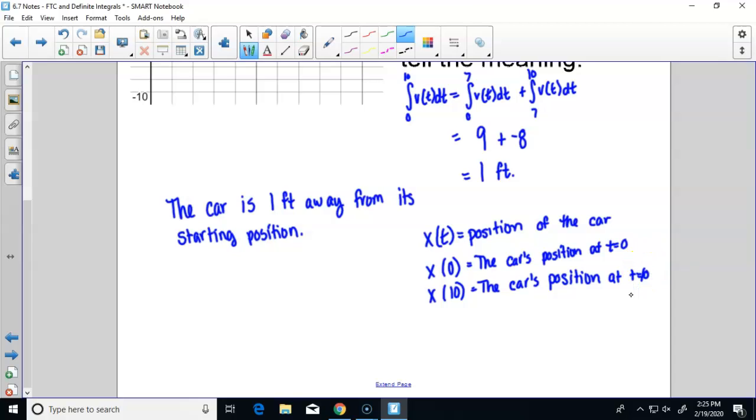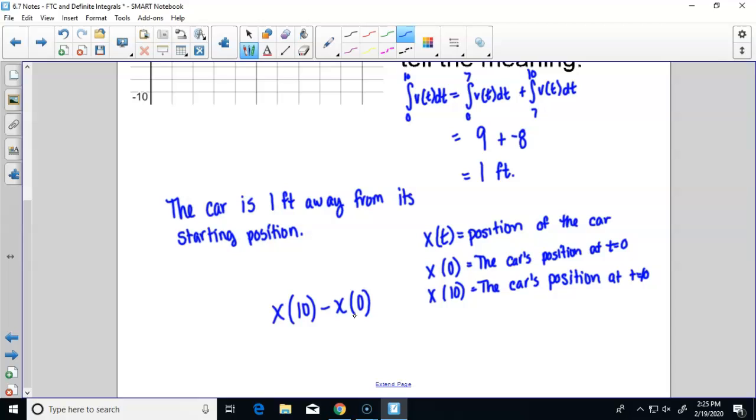So if I wanted to know how far the car is from where it started, if I knew x, I could just take the position at 10 and subtract the position at 0, right?